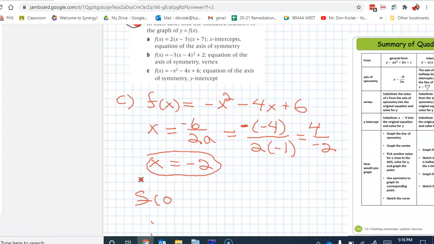When I plug 0 in for all the x's, I get -0 squared minus 4 times 0 plus 6. So the only thing that's left is 6. So my y-intercept is the point 0, 6.